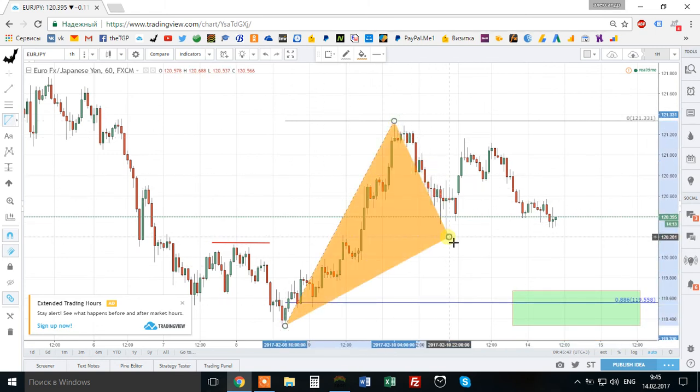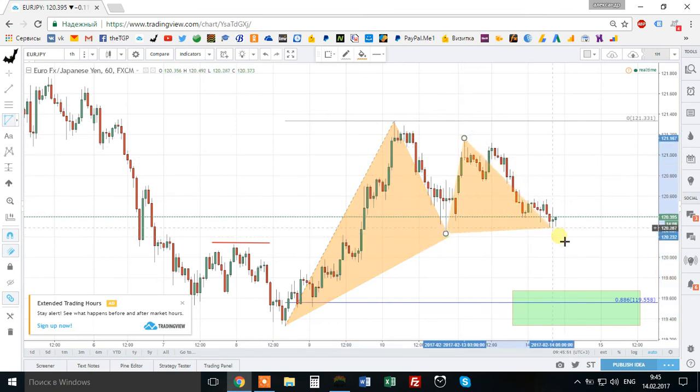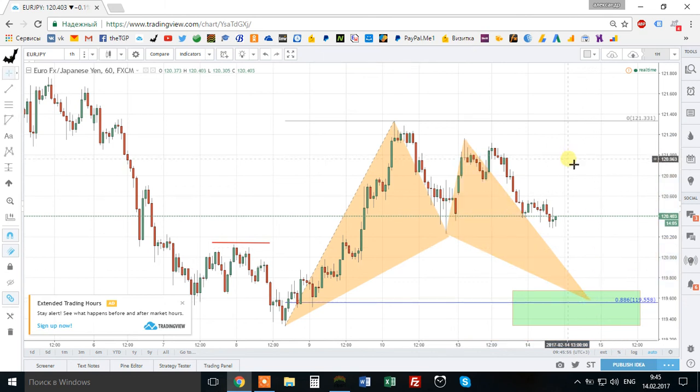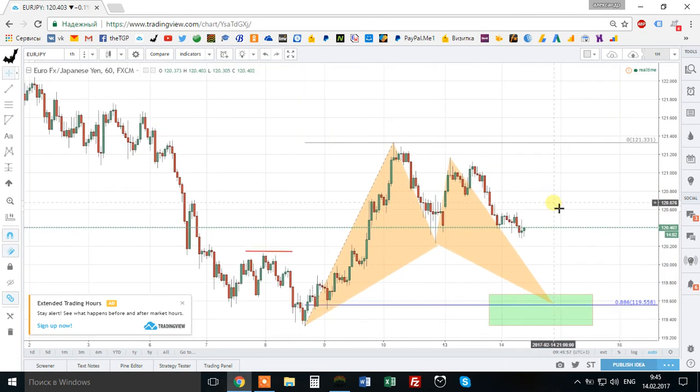Next, A to B. If we use our triangles, we will see this pattern. Okay, so this is a termination of this pattern. If price goes to the downside, there is a very high probability that it will move to the upside and hit these levels.